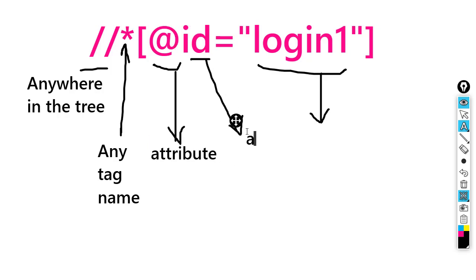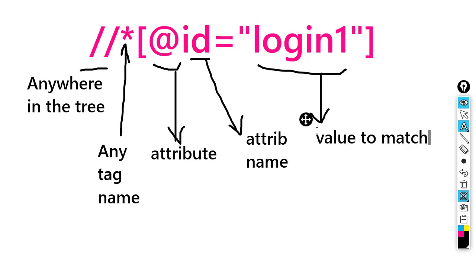So we have got the attribute name. Now what it needs to match, right? So that is this value, that is the value to match, right? This is done.